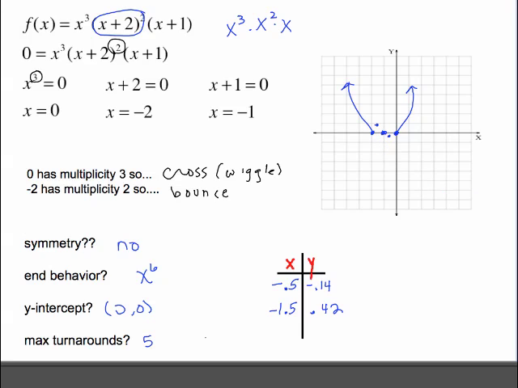Now put that together with the fact that we know that at 0, it's going to cross. But at -2, it's going to bounce. So it has to come down here, bounce off of here, come back up, turn around, and come through and go. So it's just got this little wiggle through here.